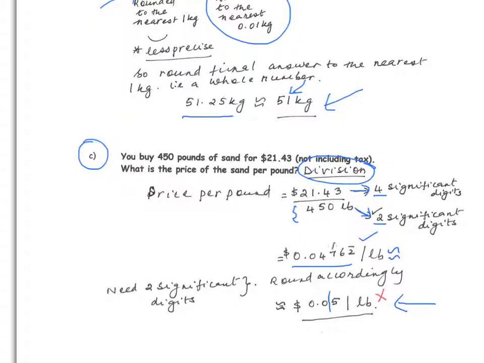So we round it to the thousandths place. Since the next digit is a 6, we round it up to 0.048. Let's see if this answer will work for us. So 0.048 per pound. Let's count the number of significant digits. This is our first significant digit and this is our second significant digit. The zeros before that are not significant. So therefore, we have 2 significant digits, and this would be the correct rounding for this problem.